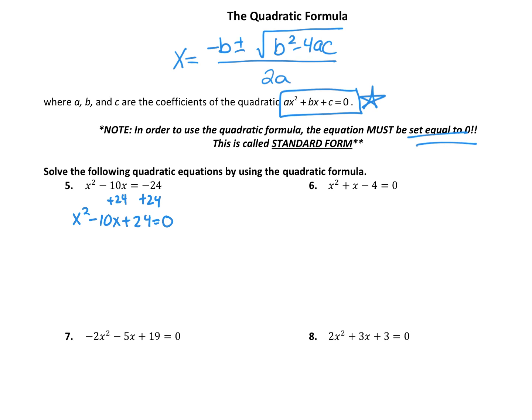Now I can identify what a, b, and c are. So a is 1, b is negative 10, and c is 24. So I'm going to write my formula over here. Opposite b plus or minus the square root of b squared minus 4ac all over 2a.